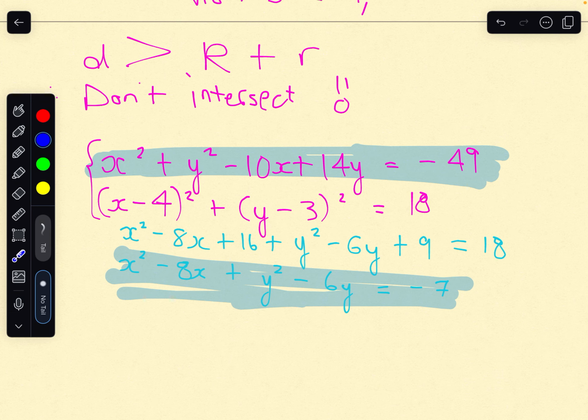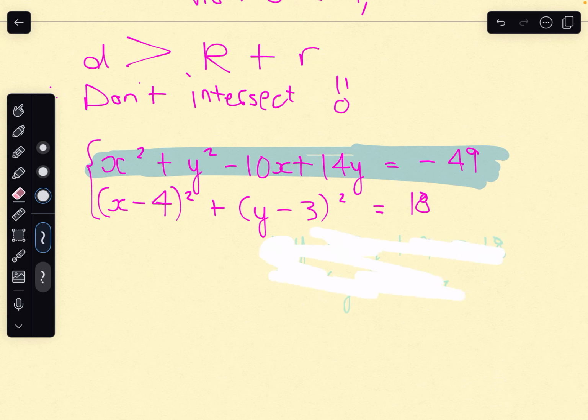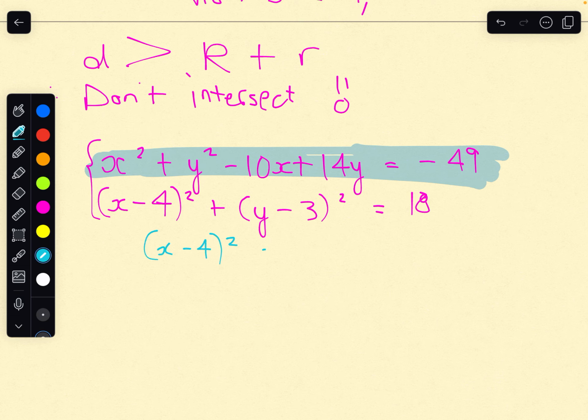Maybe a very messy thing that can be done is to take this equation and express x in terms of y, but you can already see it is going to be very severe.